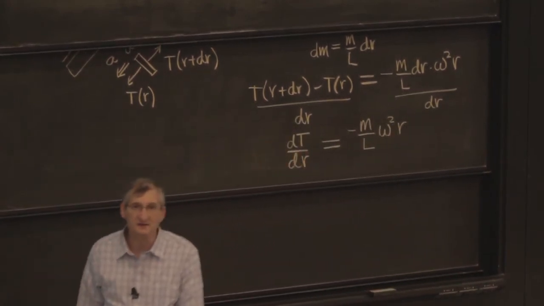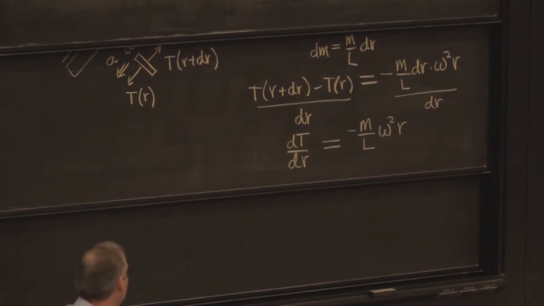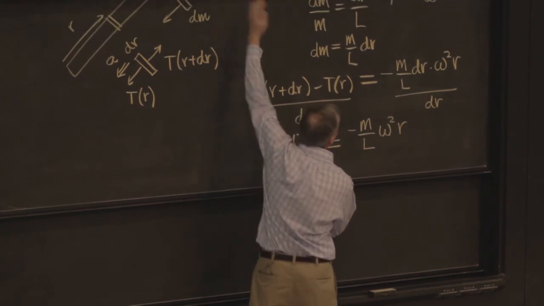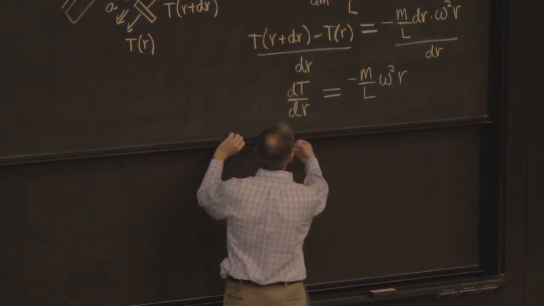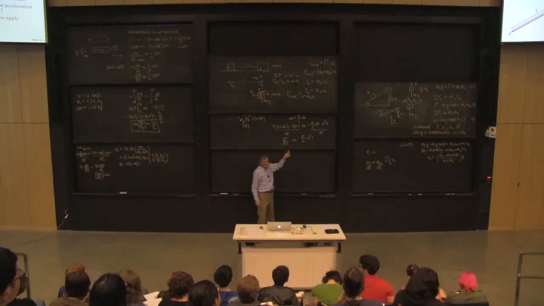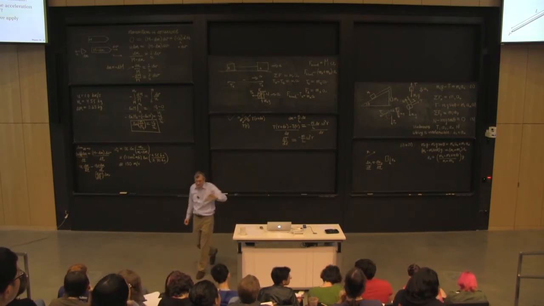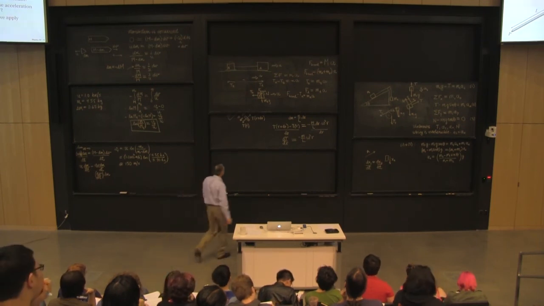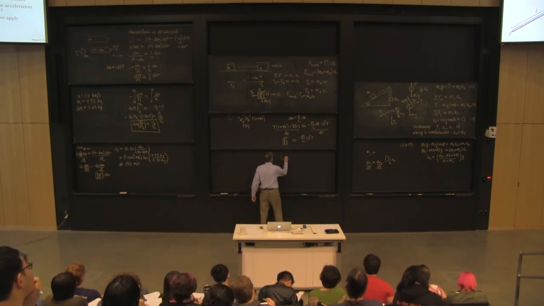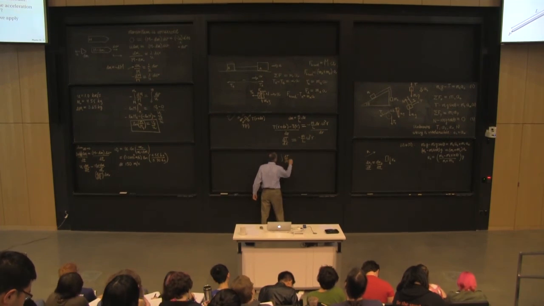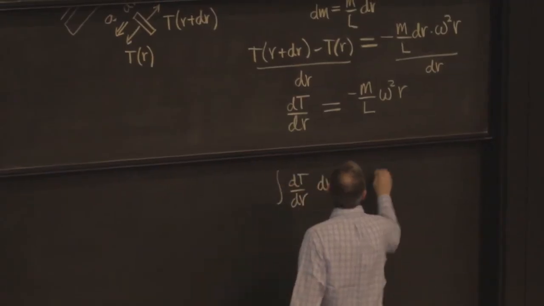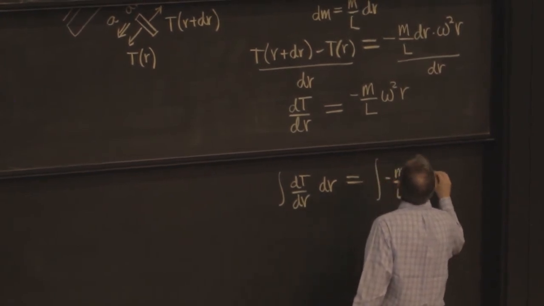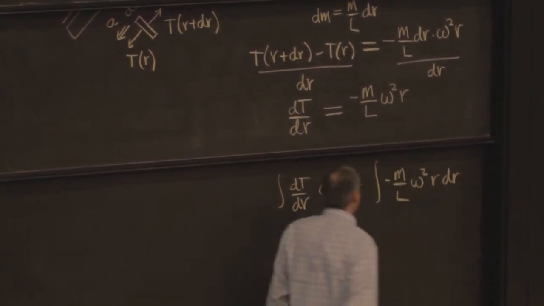Can we solve that? How? Okay, so this says I'm thinking of a tension, but I know the derivative, and the derivative is proportional to r. So I integrate, so I can say the integral of dT/dr with respect to r must be equal to the integral of minus m over L omega squared r with respect to r.